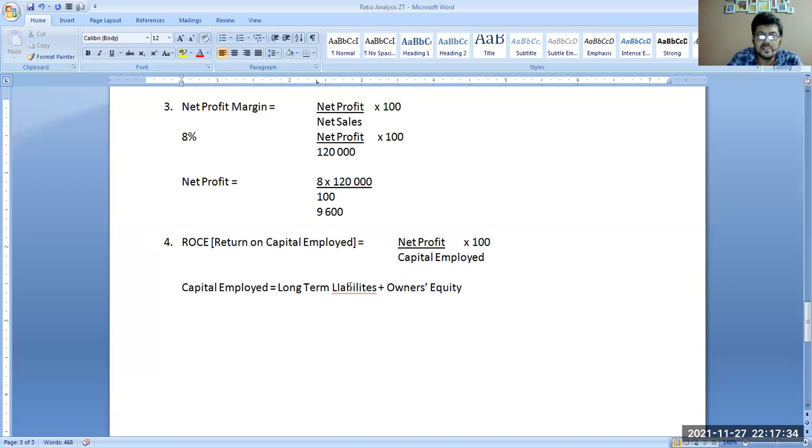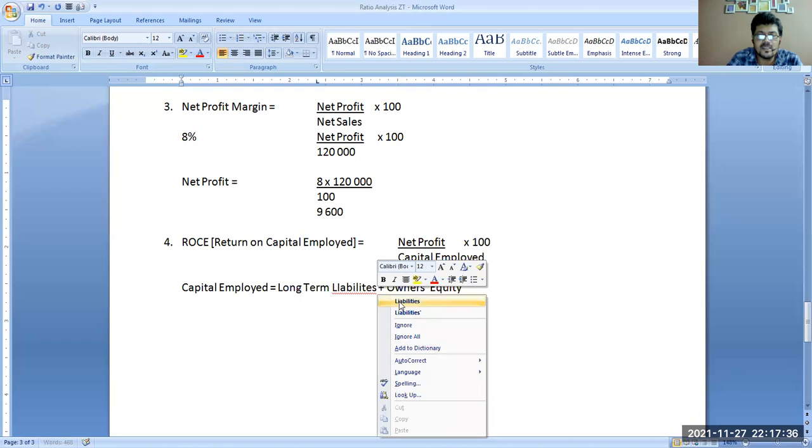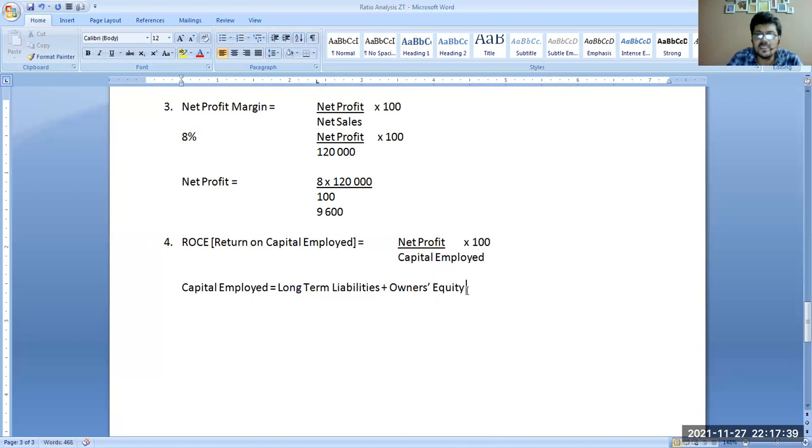Owner's equity might be partner's equity, might be shareholder's equity, whatever it is. Here the capital is considered as owner's equity. Second formula for calculating capital employed depends on the data given in the question.